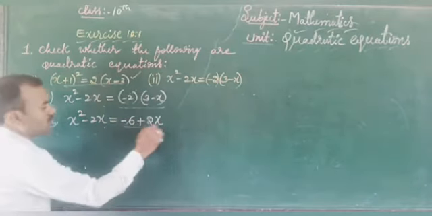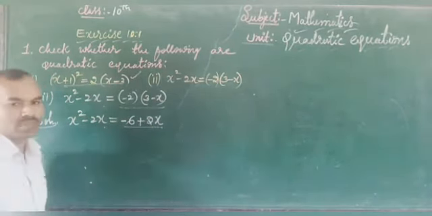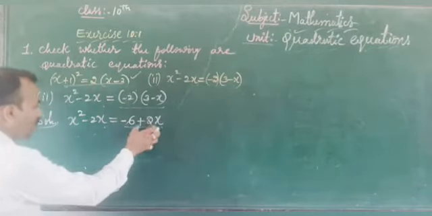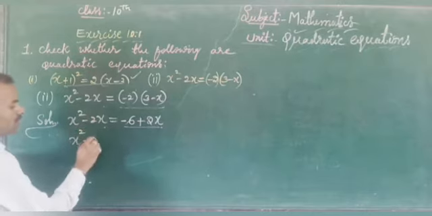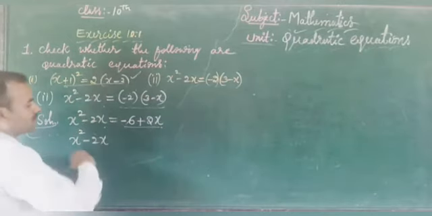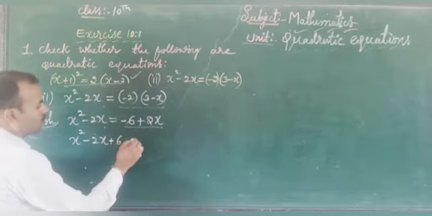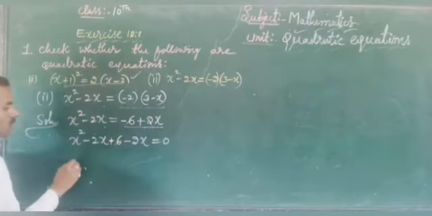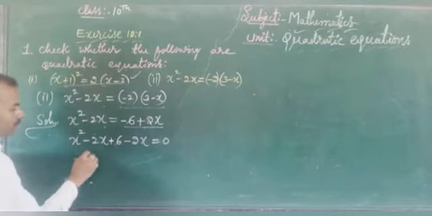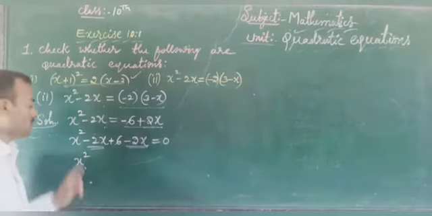Now transpose these two terms into LHS. This is the binomial, transpose into LHS. x square minus 2x minus 6 as plus 6. So plus 2x becomes minus 2x. Here it is 0. So x square minus 2x minus 2x.